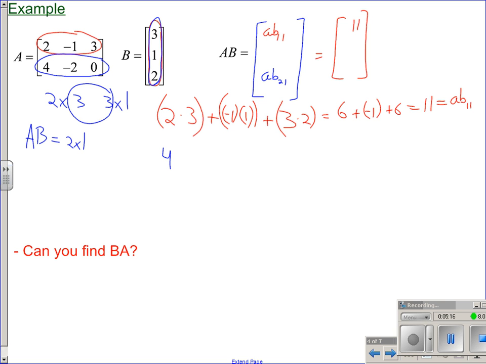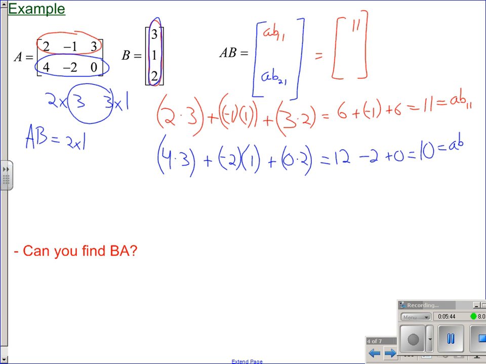So first entry in row times first entry in column, plus second entry in row times second entry in column, plus third entry in row times third entry in column. And we add up all those products. So we've got 12 minus 2 plus 0, that's 10. This is our entry in matrix AB of the second row, first column.